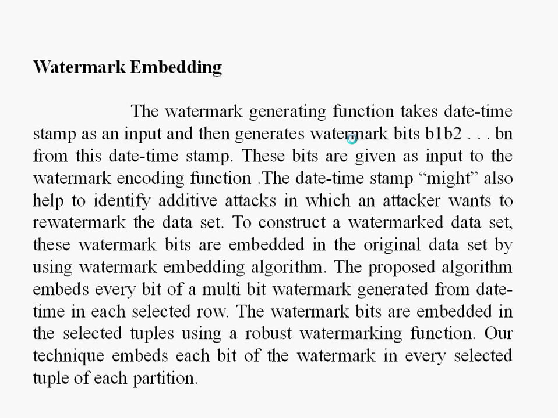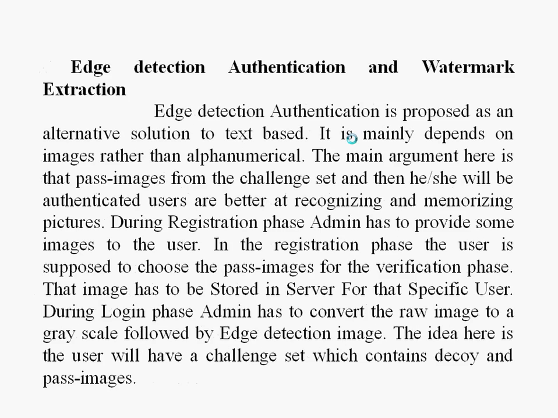The watermark generating function takes date time stamp as an input and then generates watermarking bits v1, v2, vn from this date time stamp. Our technique embeds each bit of the watermark in every selected tuple of each partition.